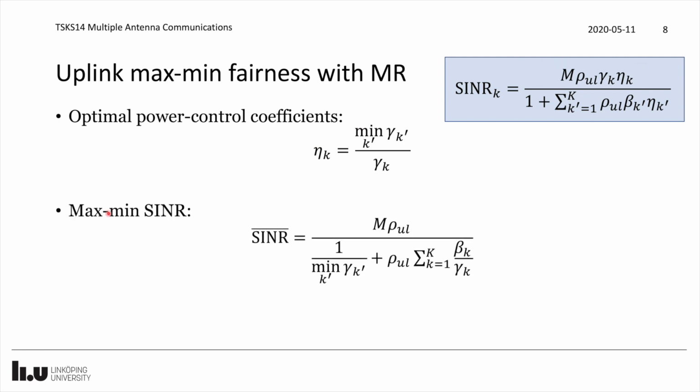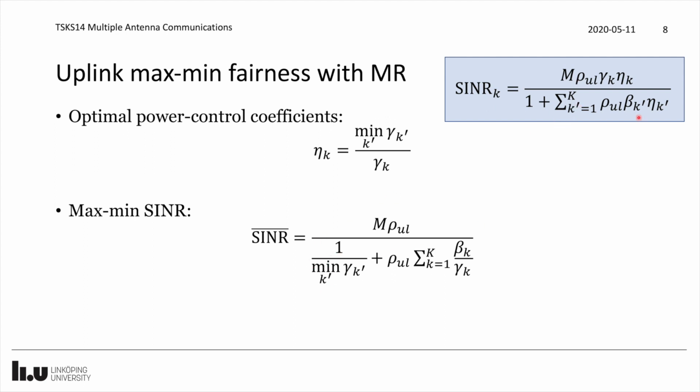Everyone gets a SINR bar value, where we still have M times rho uplink, and from this expression, if we put it in here, the gamma k's cancel out each other. We have a minimum of the gammas, and I've divided with it everywhere, so we have 1 divided by that expression here, where before we just had the 1. I've changed this summation from k prime to k, so that this k prime won't be confused with this k prime.